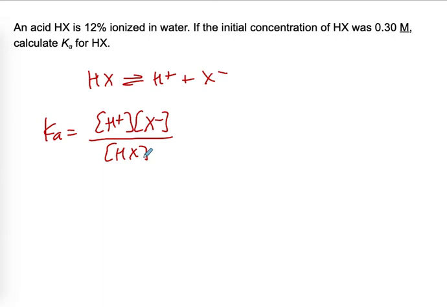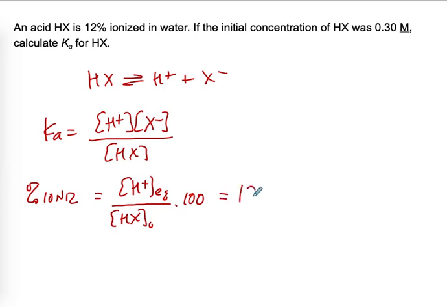I'm given the percent ionization, so let's write out the equation of percent ionization. That is simply the equilibrium concentration of hydrogen ion divided by the initial concentration of HX, and we're told that that is 12%.